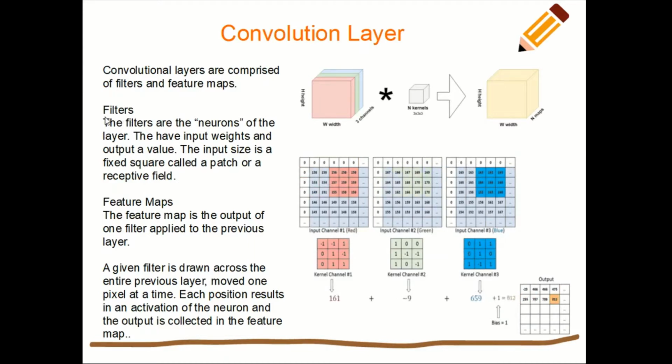So filters, as we saw, are basically a group of neurons, and they are connected to the inputs that we give. The connections between the input and the filter neurons will have some weights, right? And those are the weights which are going to get adjusted during the training.